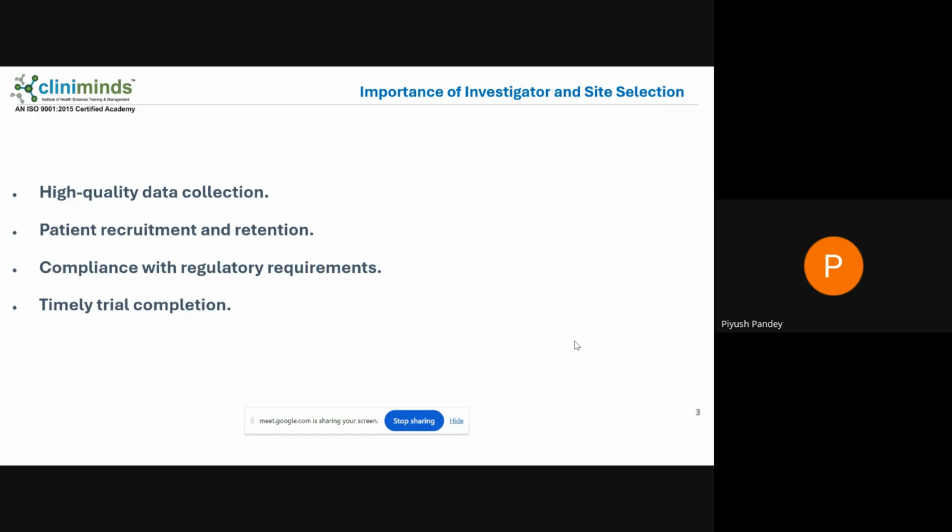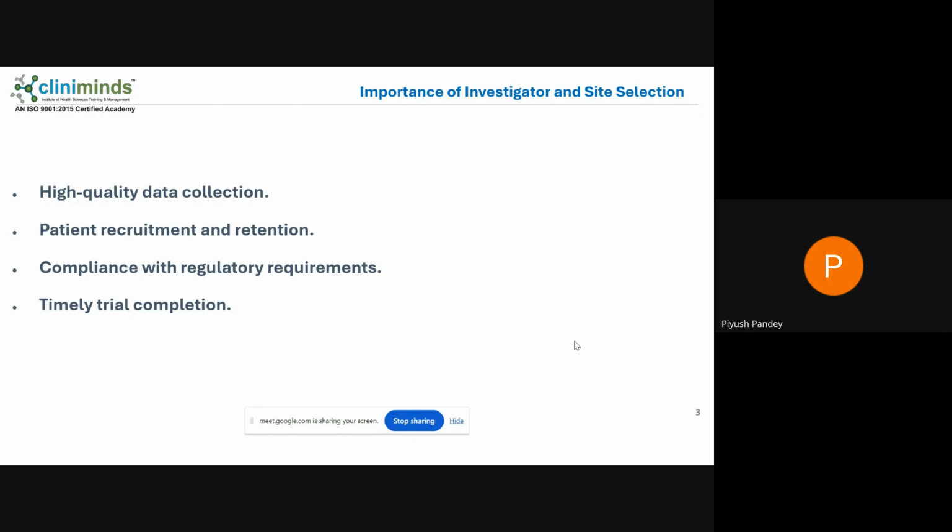Patient recruitment is ensured if we select the right kind of investigator and site. Then patient retention depends on their SOPs and follow-ups, and how long the patient stays in the trial. Retention is of utmost importance because as the patient progresses into the study, there are multiple follow-up visits, and it is important to have all the data at the different follow-up visits to ensure the data outcome is of good quality.